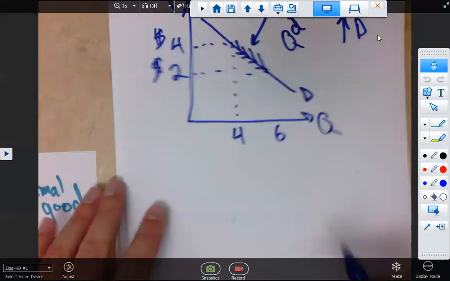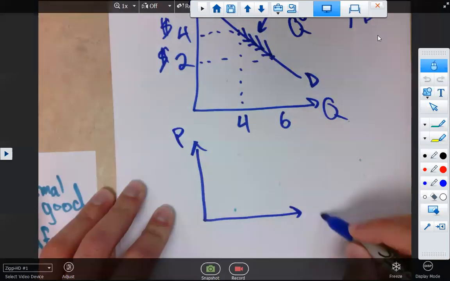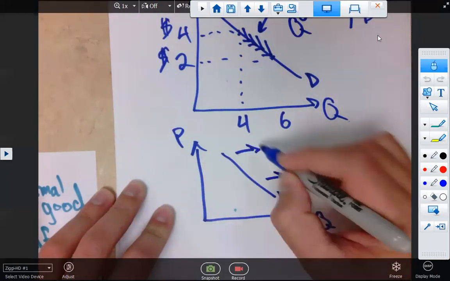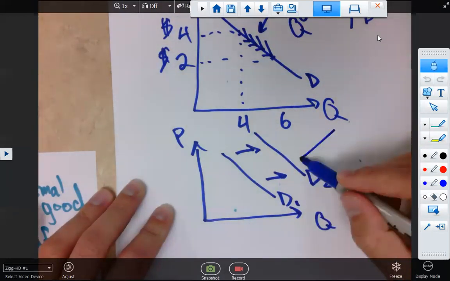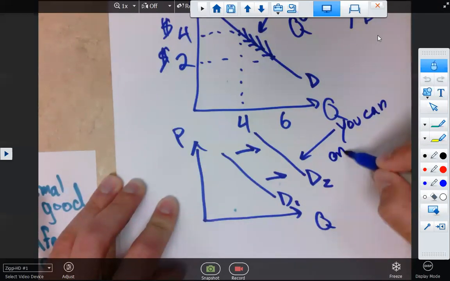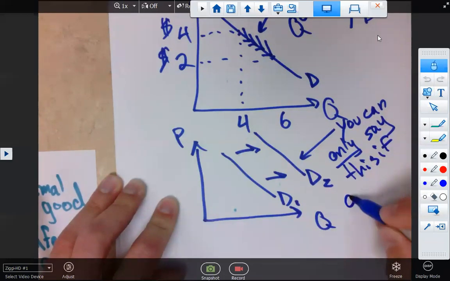A change in demand is when there's an actual shift in the demand, and you can only say this if one of the A through G is happening.